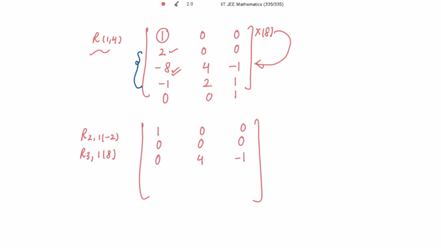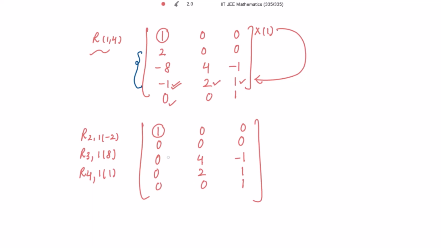Easy? Okay. Now to get 0 in place of -1, multiply row 1 with 1 and add its elements to row 4. And already we have 0 over here, so writing this as it is. So below the leading entry of the first row, we are getting 0 0 0, right?